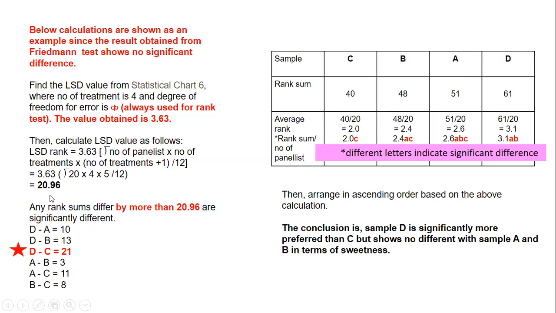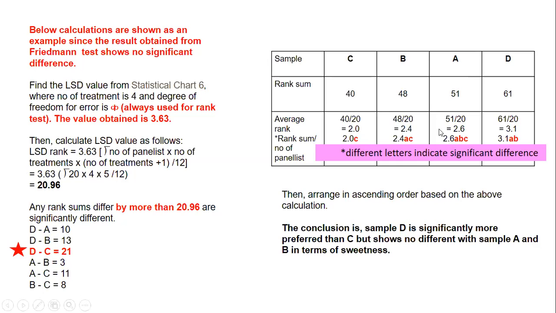All right, so please recall what I taught you just now on the hedonic test with more than 2 samples. So arrange the data according to descending order. Descending, meaning that we start with the highest value and we minus following the descending order, so that we will get positive values.